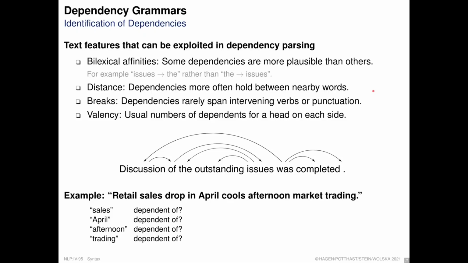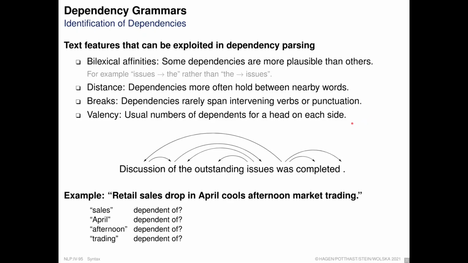Breaks are also a good indicator. You can look at verbs or punctuation. Dependencies rarely span across clauses or intervening verbs. You can also look at the phrasal or intonational prosodic structure of a sentence, and this is a good indicator of where to place dependencies or relations.